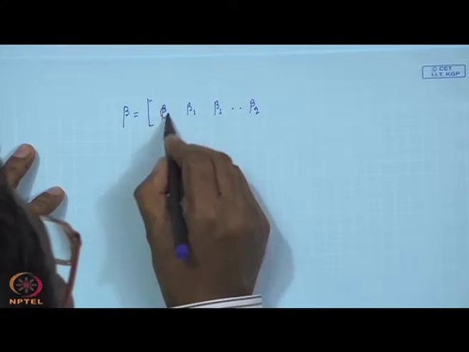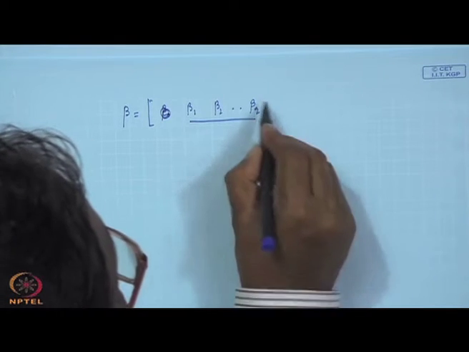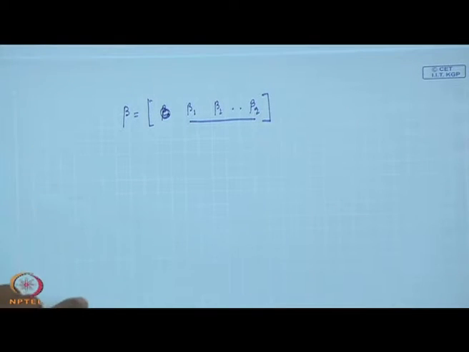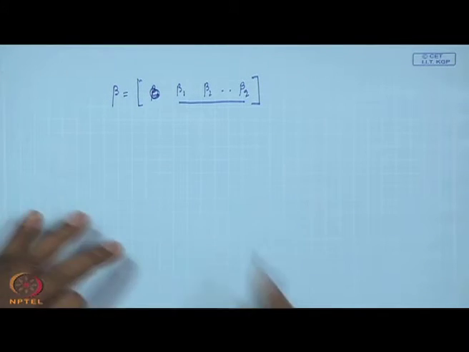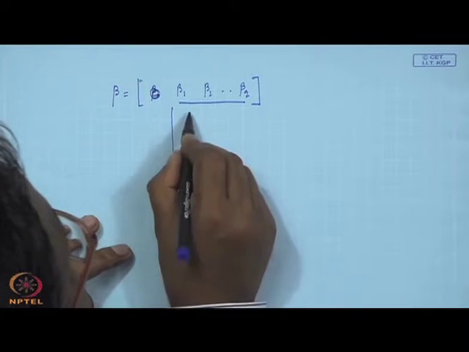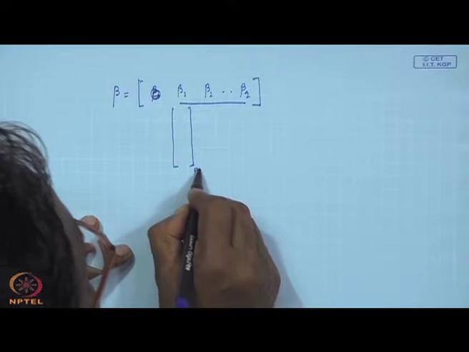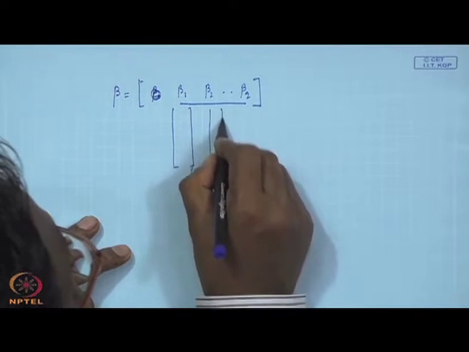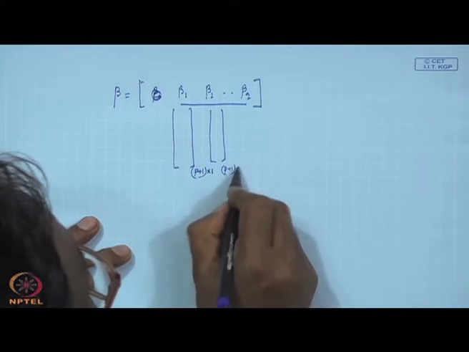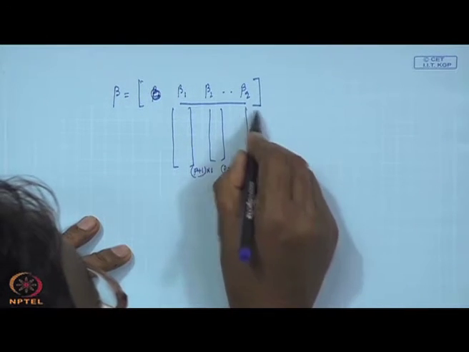No, we will write like this, beta 1 to beta q. Okay. Now, this beta 1 contains p plus 1 into 1, this beta 2 also contains p plus 1 cross 1, like this.